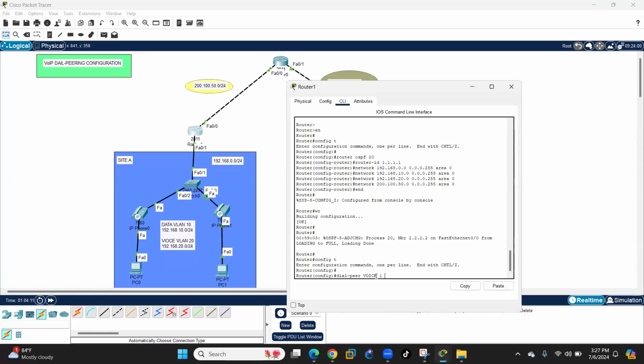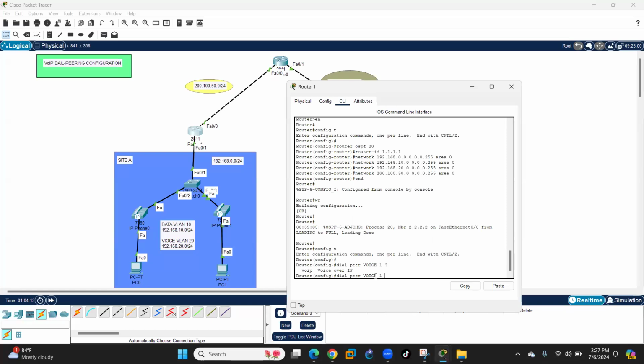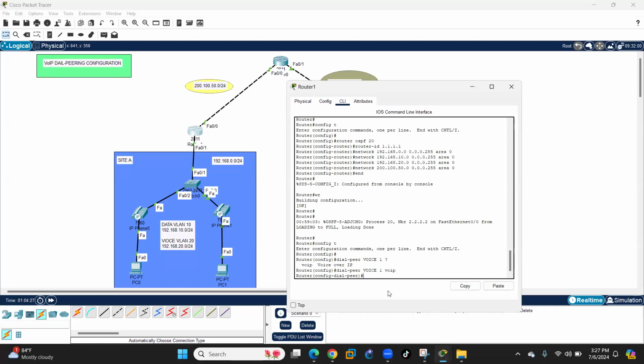What's the question mark here? Okay. You can see, you don't need to cram if you know what you are doing. Voice over IP. So that's the command: dial-peer voice, voice over IP.